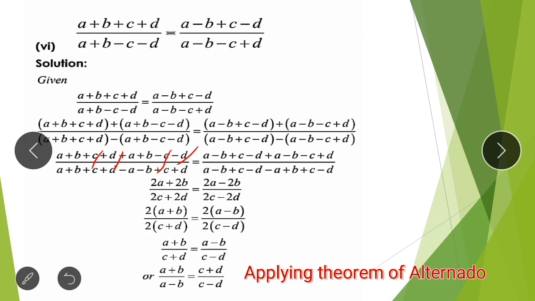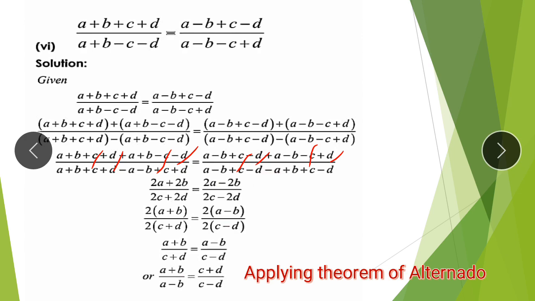C and C will get cancelled, and D will get cancelled. So we'll have how many A's? 2 A's. And how many B's? Minus minus minus, 2b we will have. And similarly with the denominator we can have 2c and 2d, and the rest will get cancelled. How many d? Minus 2d. So we will write here.